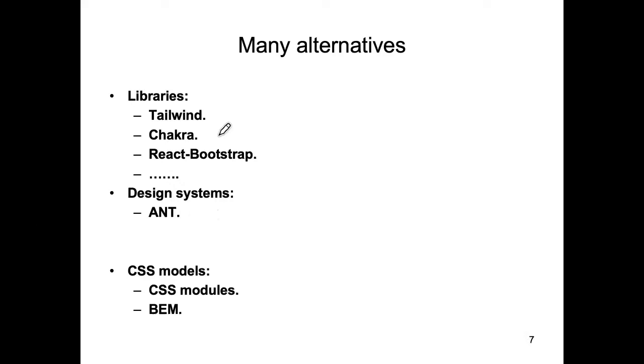Chakra was popular for a while, but I think it's slightly less so now. React Bootstrap was the original third-party React styling library that mostly everybody used, but it's fallen off in popularity. So there are all these alternative libraries.